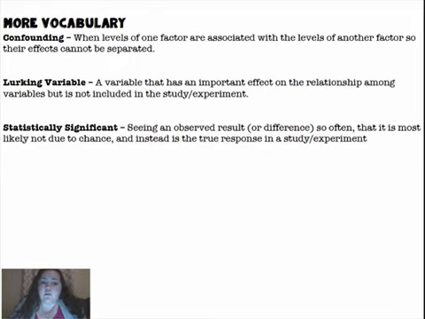A lurking variable is a variable that has an important effect on the relationship among variables, but is not included in the study or experiment. And statistically significant is seeing an observed result or difference so often that it is most likely not due to chance, and instead is a true response in the study or the experiment.